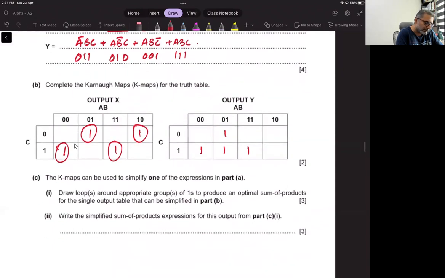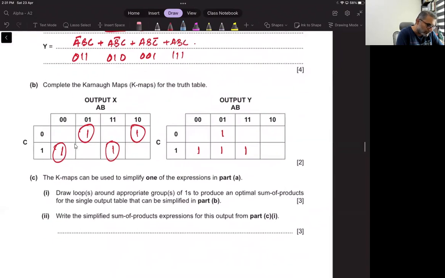But we can simplify this part by making three different loops. We cannot make loops for three, but we can make loops for two.